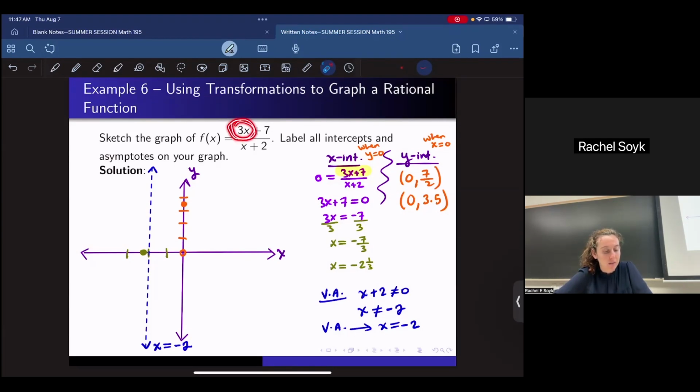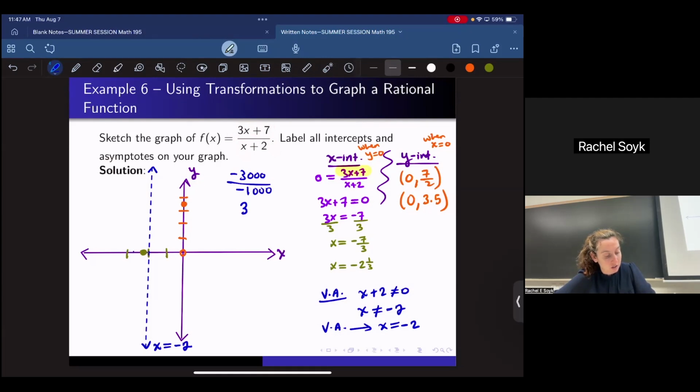We get -3,000 plus 7, still pretty close to -3,000. So I'm just going to put -3,000 for the numerator. And then we have -1,000 plus 2, which is very, very close to just -1,000, which ends up being +3. So what's happening here?